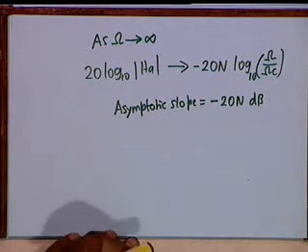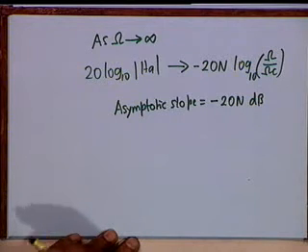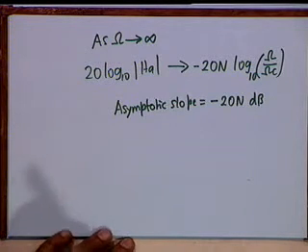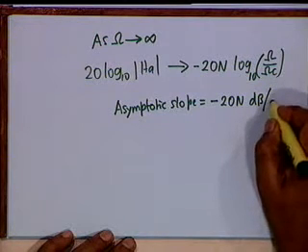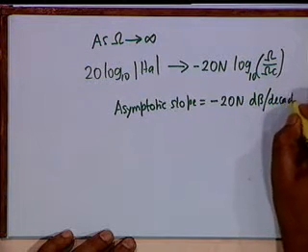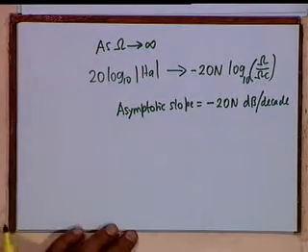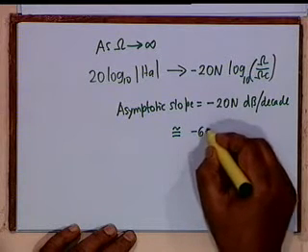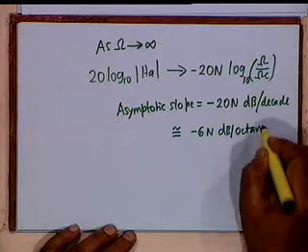Decibel is written as small d capital B. Why capital B? Because B stands for a proper name and you must respect the name, not small b, okay? Small d capital B per decade. Omega increasing or decreasing by a factor of 10 means a decade, which is approximately equal to minus 6n decibel per octave.